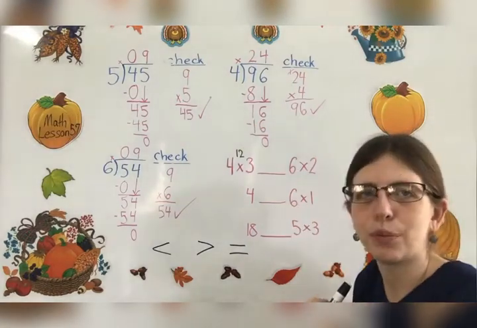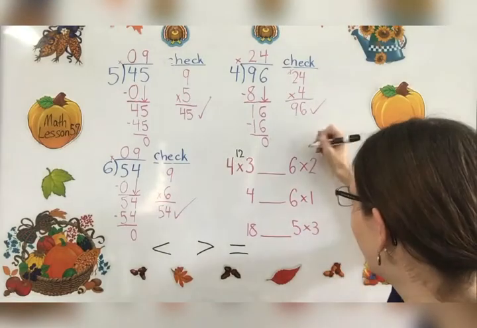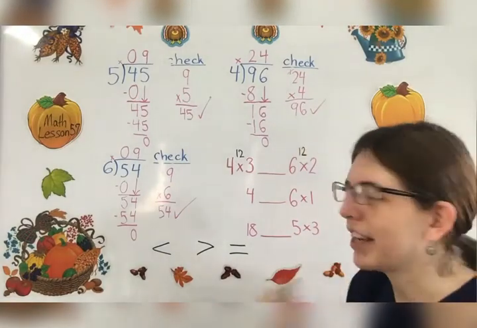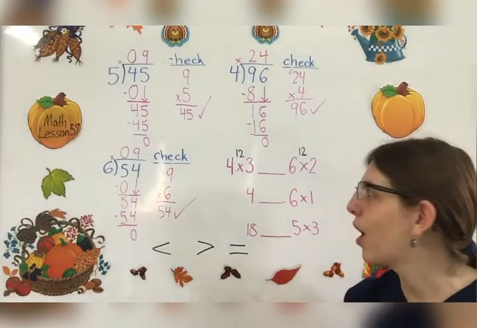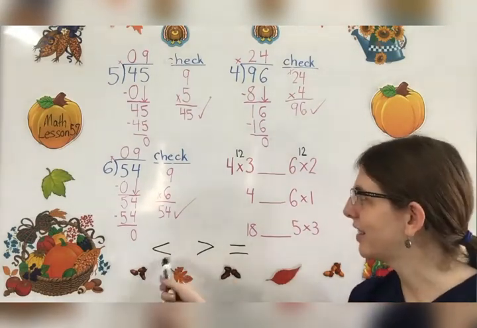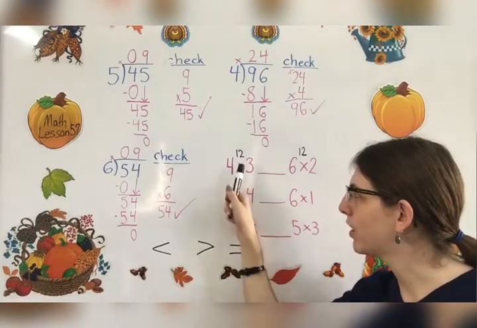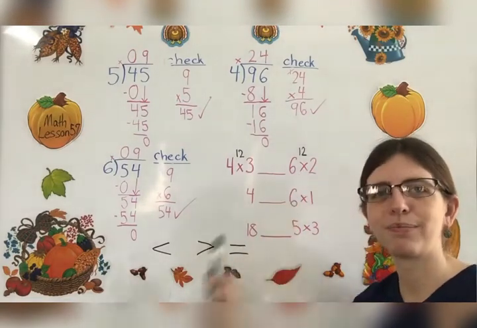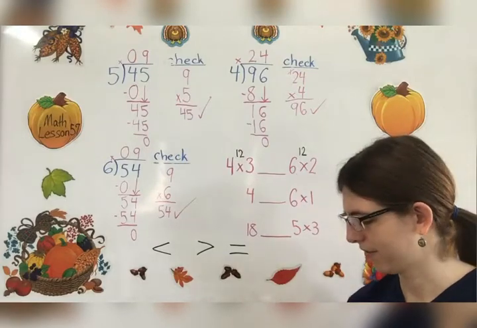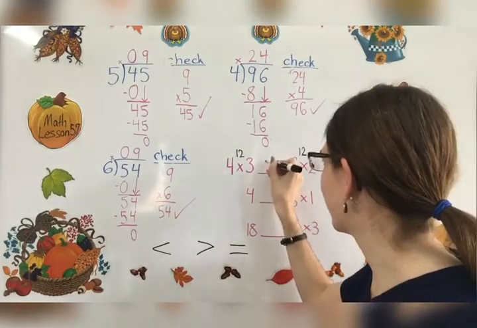What's 6 times 2? Also 12. Make sure that you write the number here so you don't forget it. Okay, 12 and 12. Is 12 less than 12? Is 12 greater than 12? Or is 12 equal to 12? Equal to, that's right. So we put our equal sign.